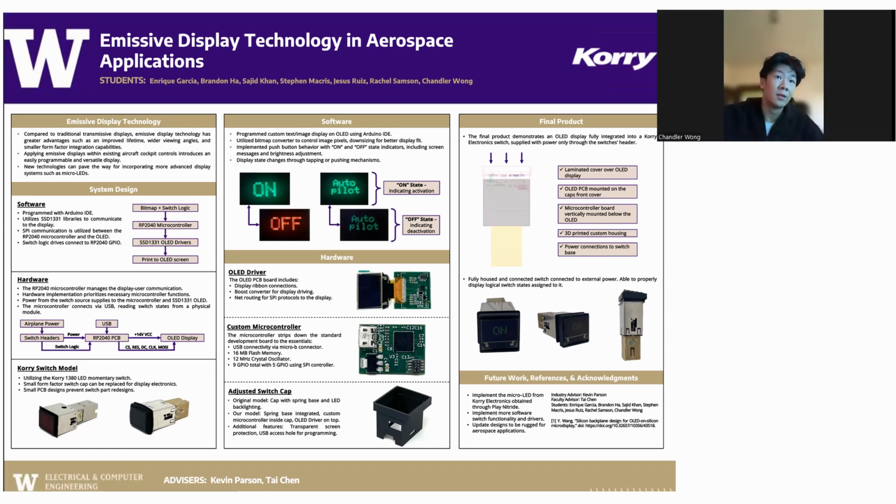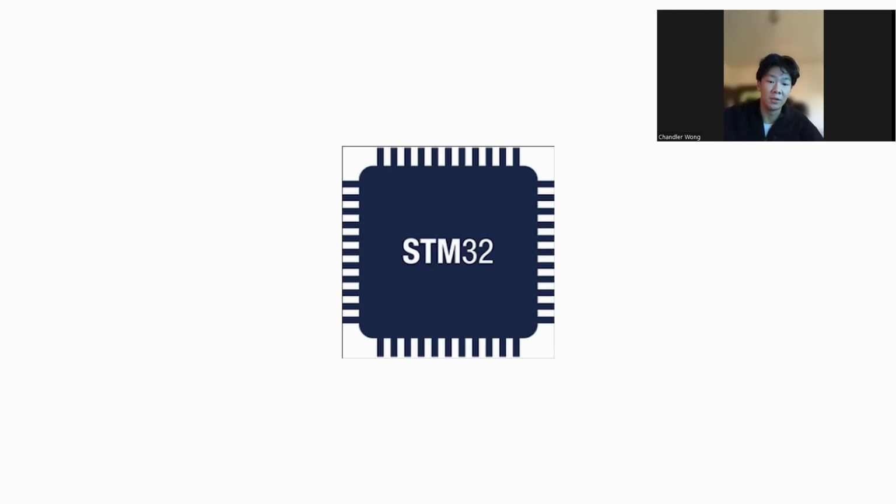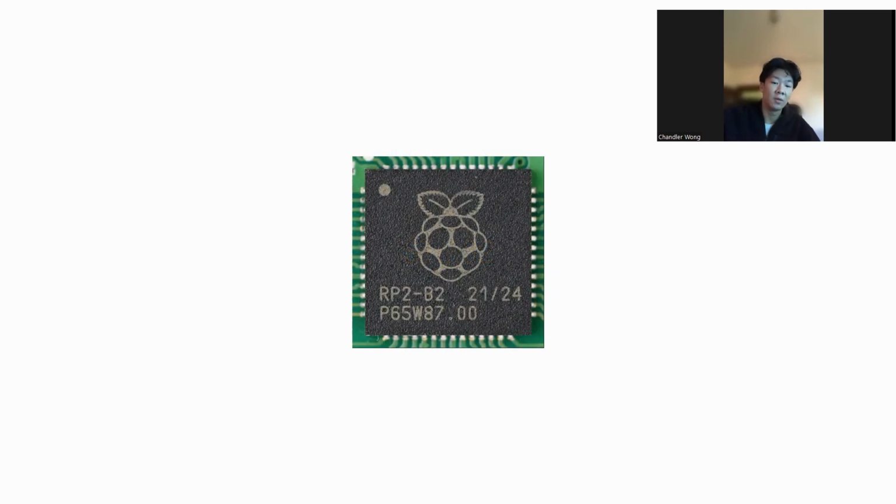Okay. So we needed a microcontroller to fit inside our switch cap. Initially we were thinking about going with an STM32 microcontroller for prototyping purposes, but we realized it was too big. The space constraint that we had was 24 millimeters by 18 millimeters, so we opted for an RP2040 microcontroller, which is 7 by 7 millimeters.